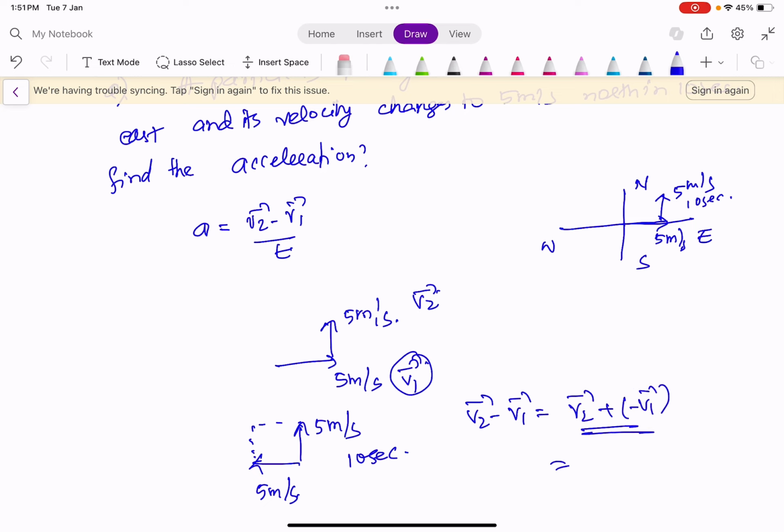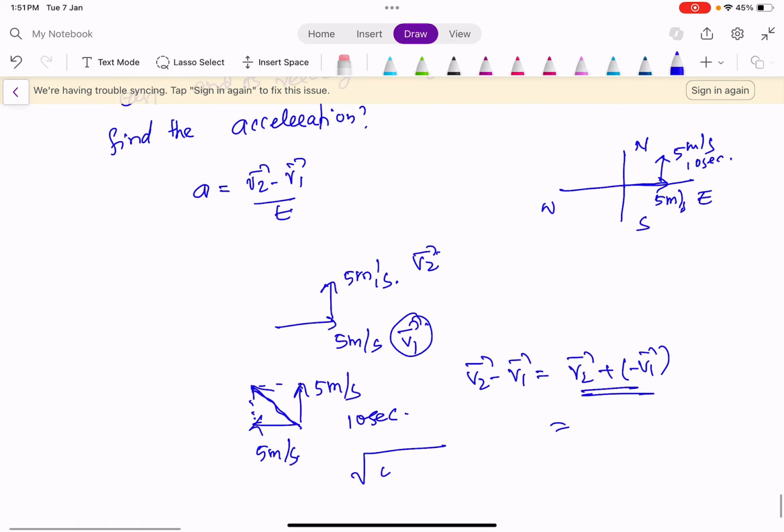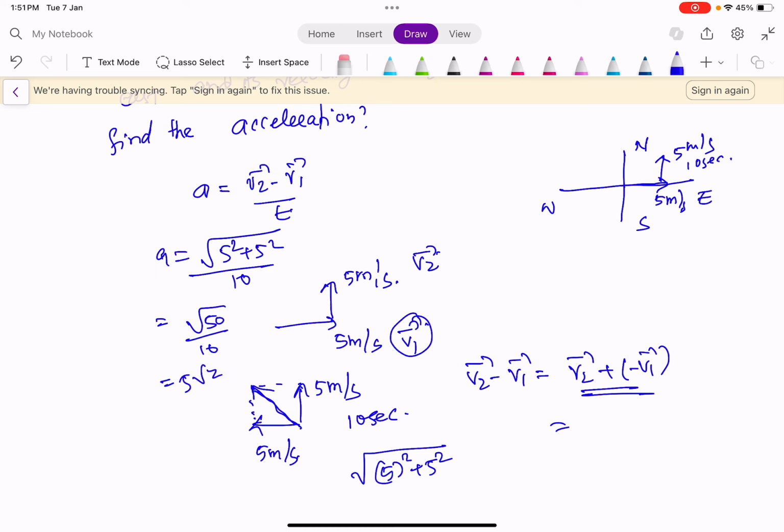So what will the resultant be? Since they are perpendicular, this will be the resultant, root of 5 square plus 5 square. So acceleration is root of 5 square plus 5 square divided by 10 seconds. That means root 50 by 10, that means 5 root 2 by 10, that means 1 by root 2 meter per second square.